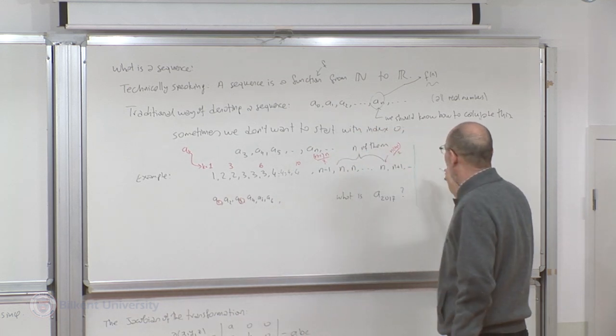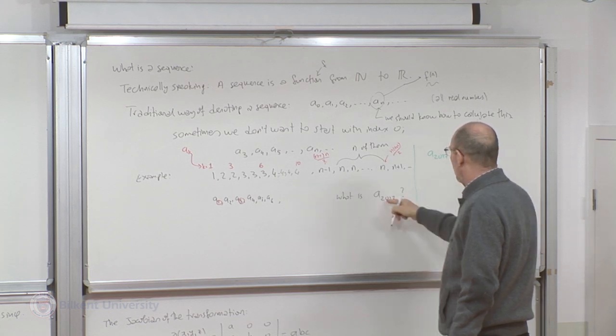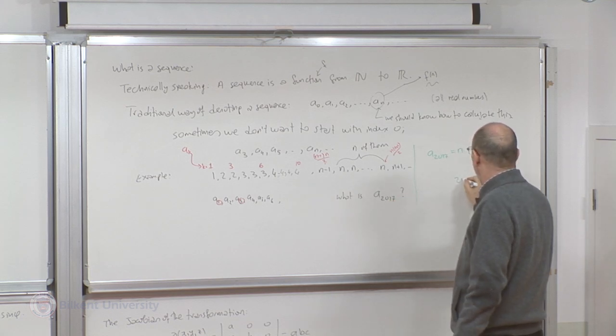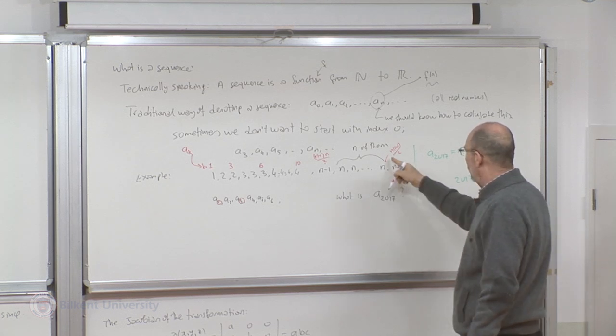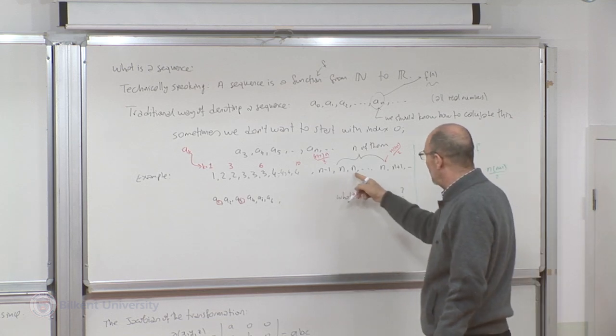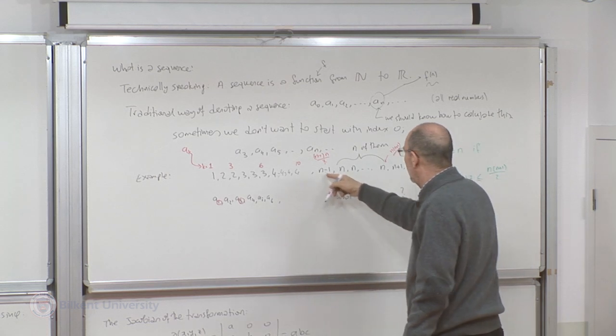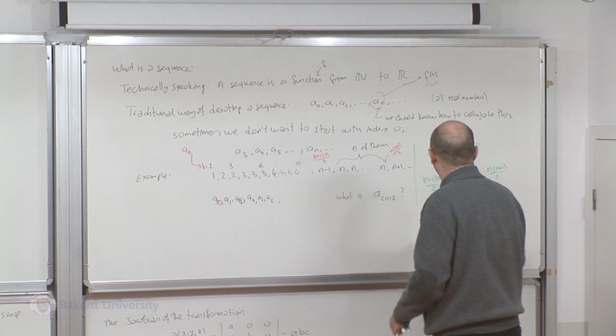So this says that A of 2017 is equal to n if this index 2017 is less than or equal to n plus 1 over 2, and strictly larger than n minus 1 times n over 2.